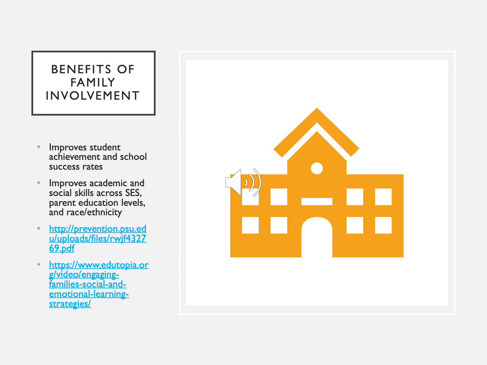Last but not least, these are some benefits to family involvement. So when we create opportunities for children to have safe, welcoming, nurturing spaces that their families feel just as welcome and nurtured, we are improving student achievement and success rates.